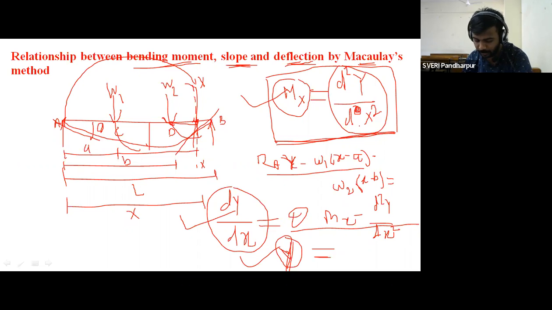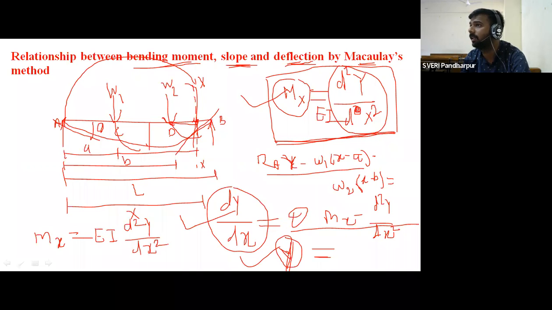Sorry, here I forgot to write one constant parameter, EI. So write down: Mx is equal to EI into d square y upon dx square, which is equal to, now take the moment.